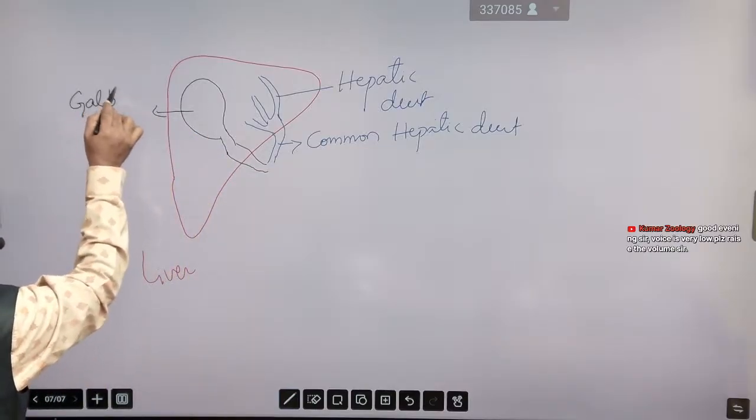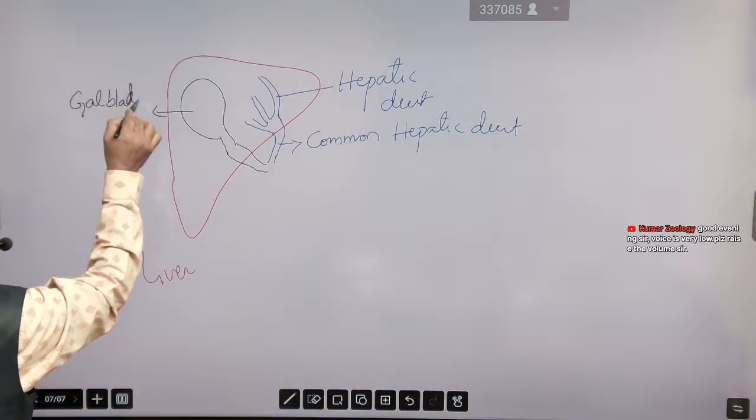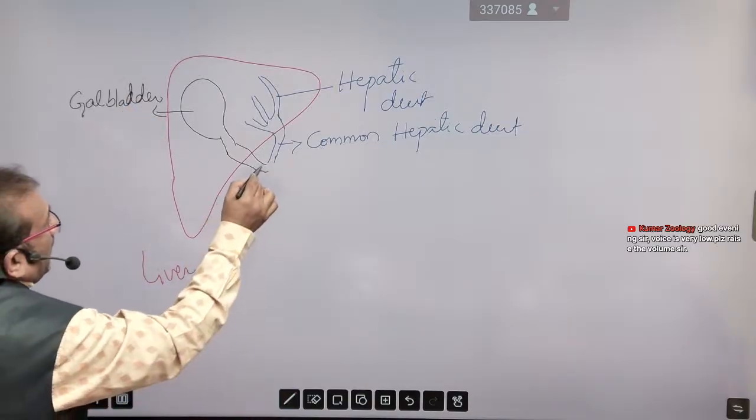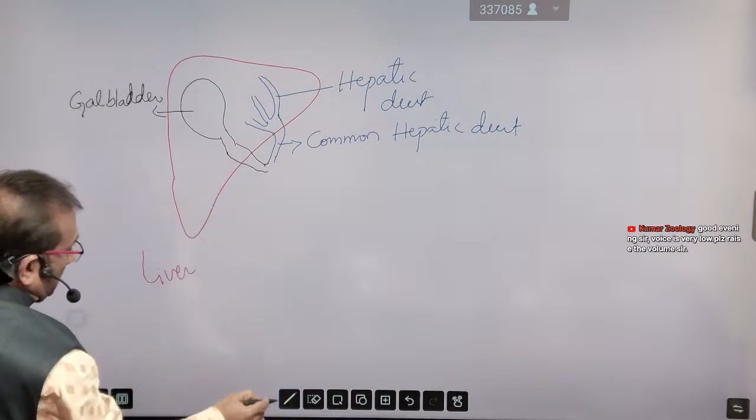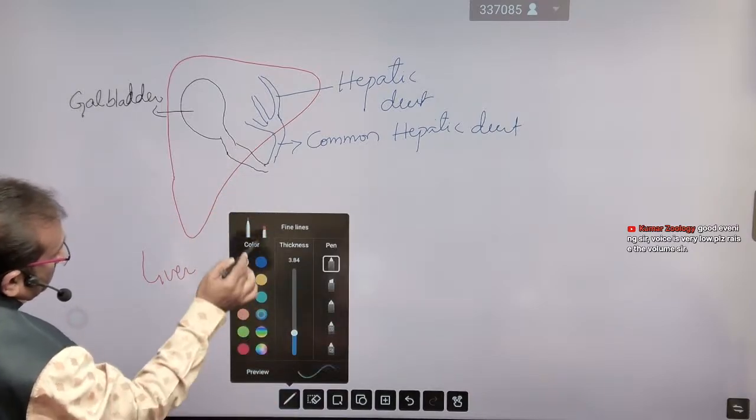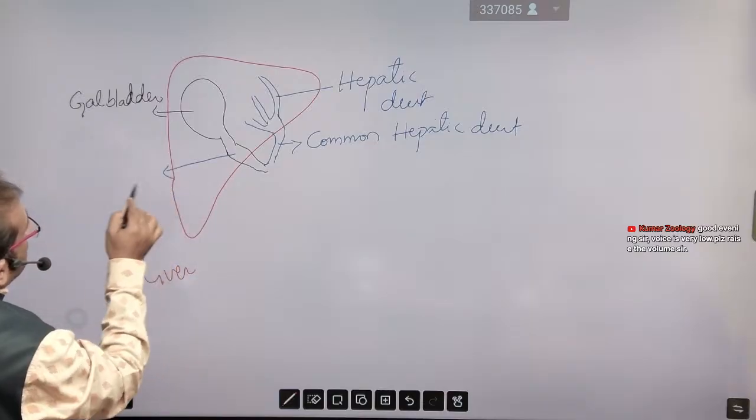Gallbladder stores the bile juice for some time. The gallbladder duct is known as the cystic duct.